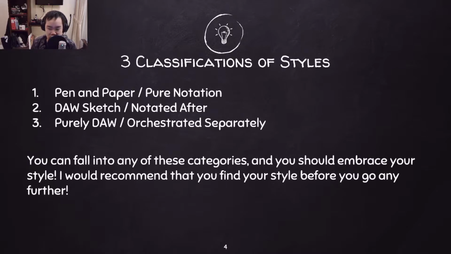They would typically sketch it out in a DAW, so they will use the DAW to write this orchestral sketch with the virtual instruments provided with the DAW, or through purchasing these virtual instruments afterwards. And then they'll take this DAW sketch and notate it afterwards. They will literally go into MuseScore and write out the part scores themselves, and they will orchestrate it in MuseScore. That's another way that you can compose.